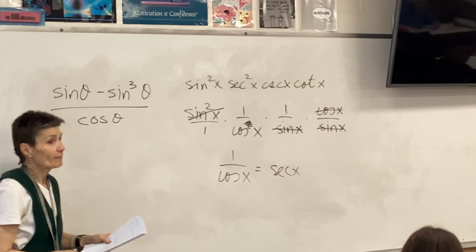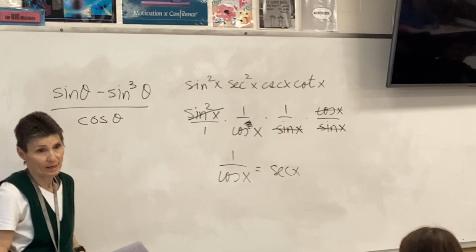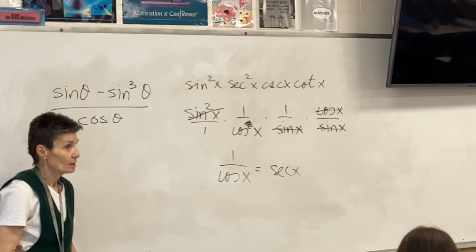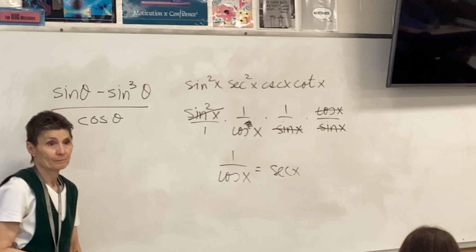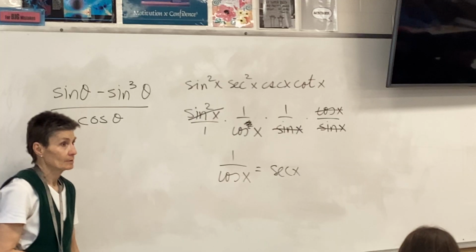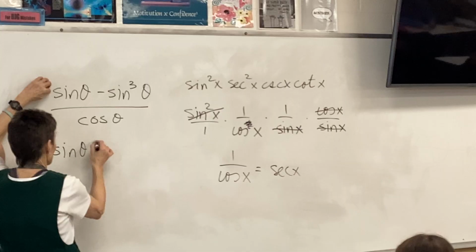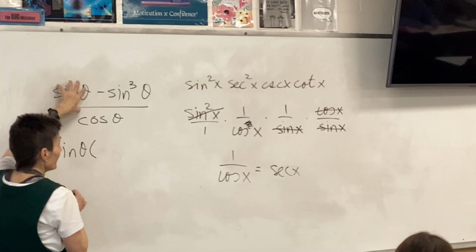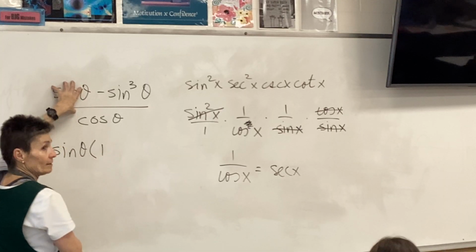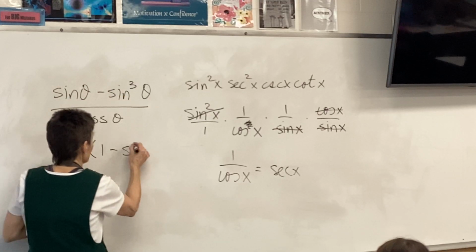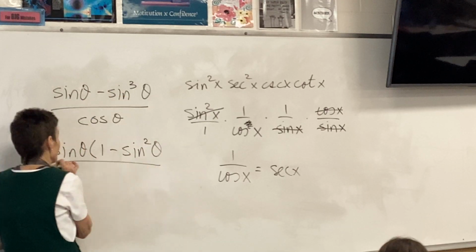So you're going to have to do something with that numerator. What can you do with the numerator? Take out a sine. If we factor, in other words, taking a sine out of here will leave me with 1. Taking a sine out of here will leave me with sine squared.